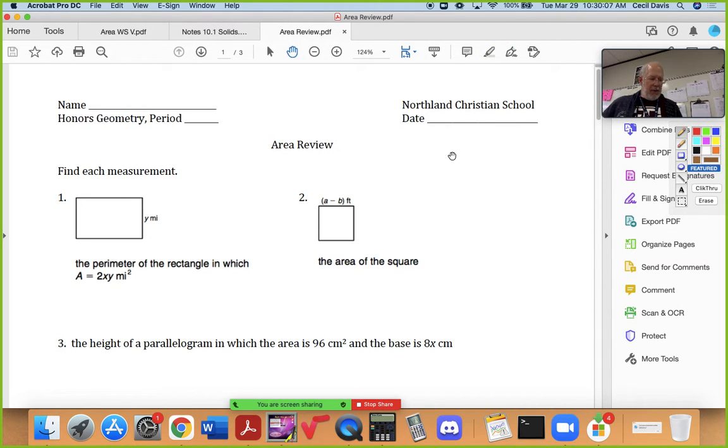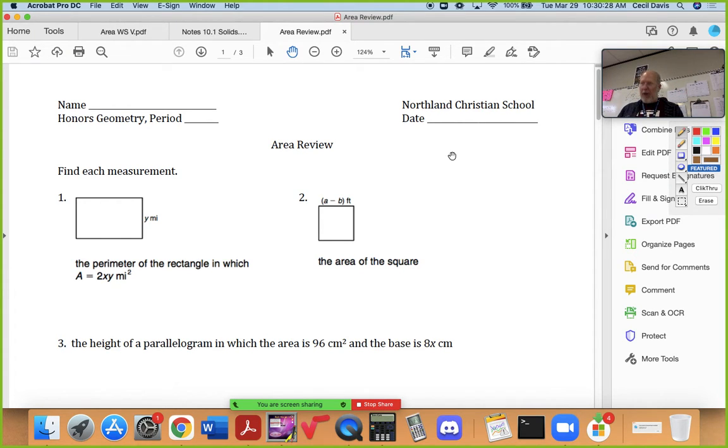All right, so number one, the perimeter is 4x plus 2y miles. Number two, the area is (a squared minus 2ab plus b squared) square feet.